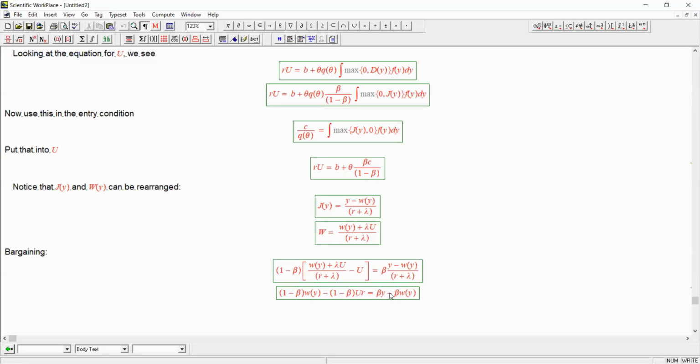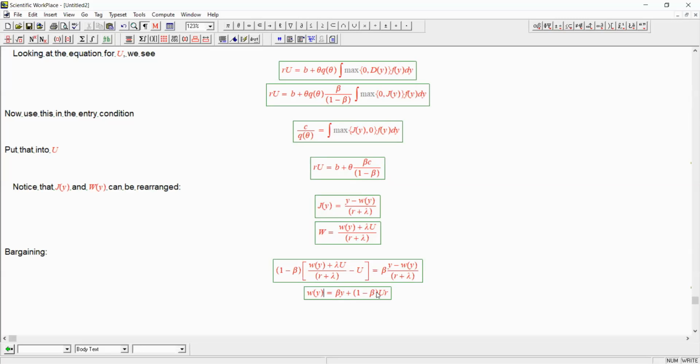Notice that we can cancel minus beta times the wage from both sides. And we end up with the wage being simply this, which again is pretty simple. It depends only on y.